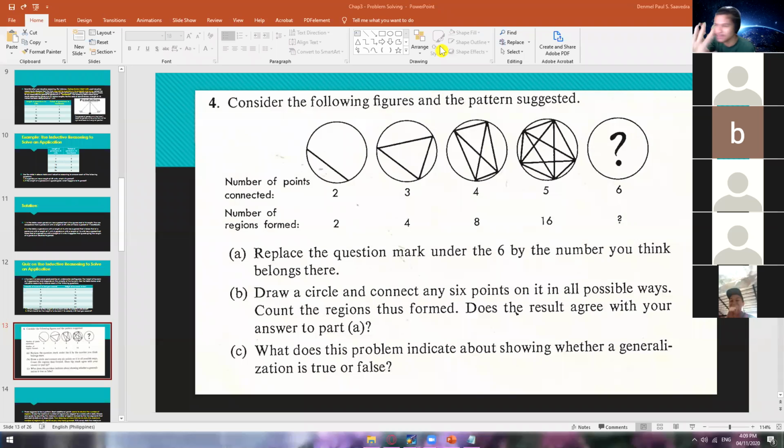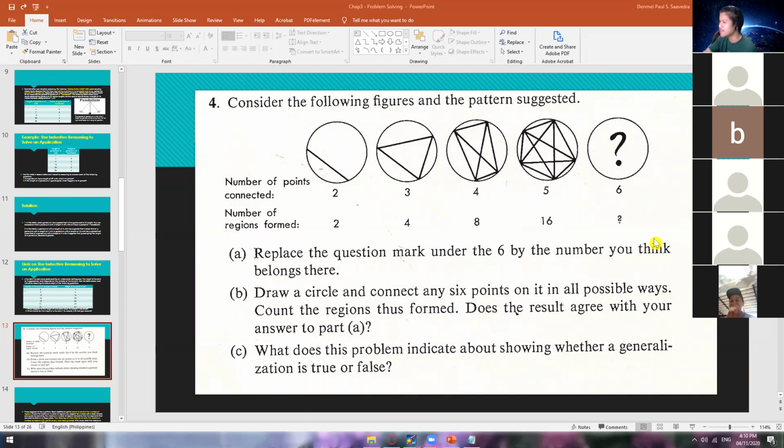May nagtatry pa ba? Para mapakita ko na yung sagot. 32, sir. Alright. So, sa tingin ko wala nang sumasagot. Okay, so may 21.